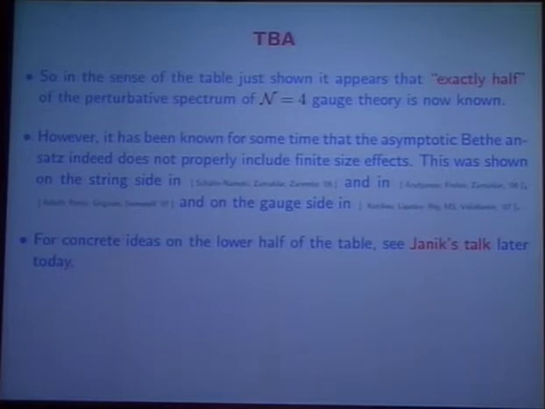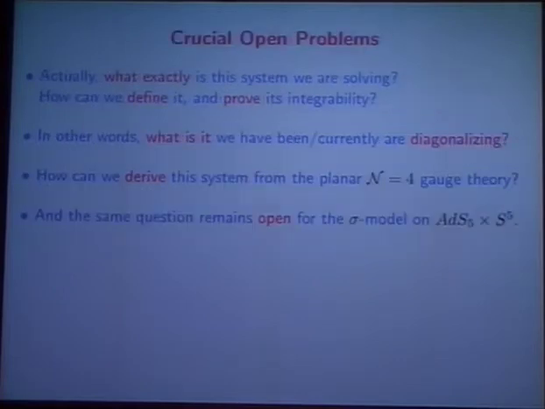And last year, we checked using the BFKL equation, I don't have time to explain this, that the predictions at 4 loops for twist operators are also not consistent with high energy scattering. So really, the asymptotic Bethe ansatz is only halfway correct. But for new ideas about how to surmount this, we will have Yannick's talk later.